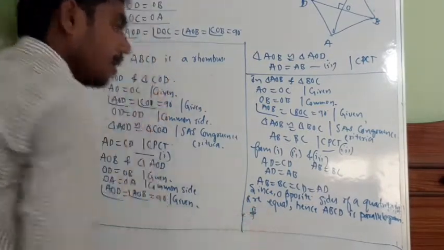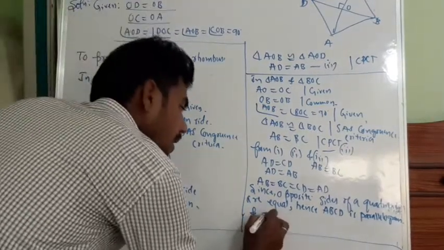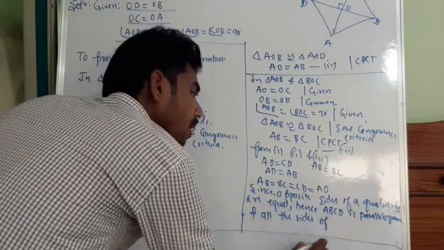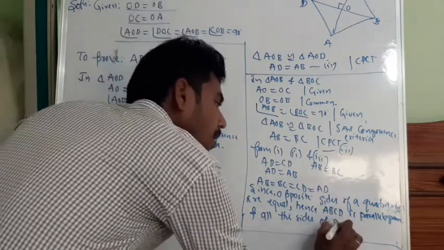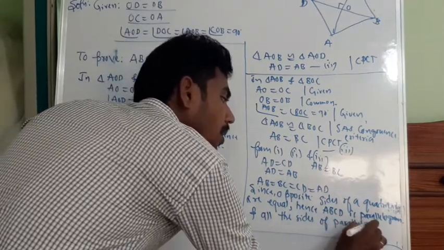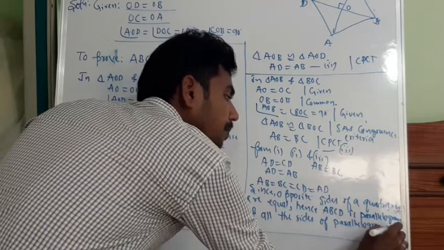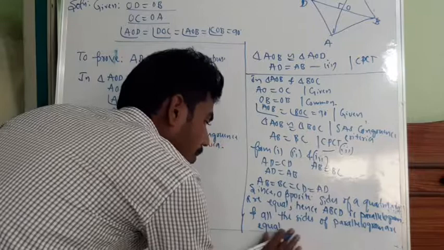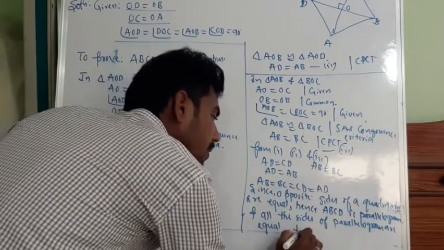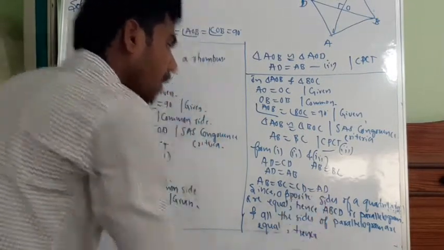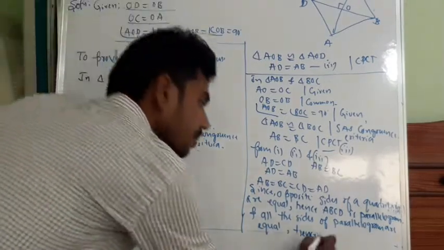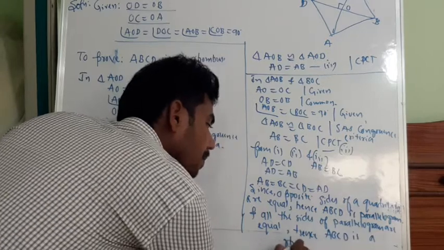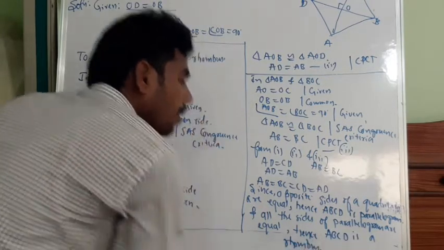And all the sides of the parallelogram are equal. And hence what can we conclude? Hence ABCD is a rhombus. Please note this down.